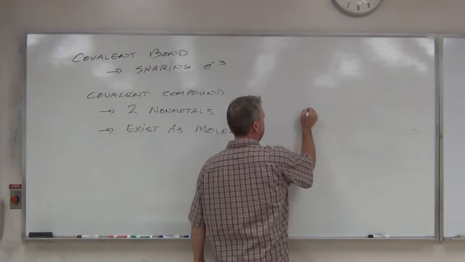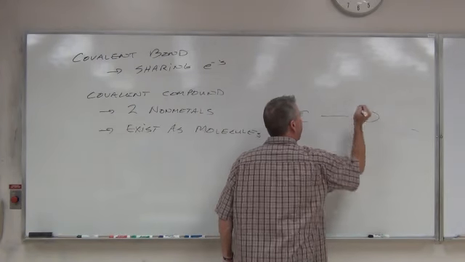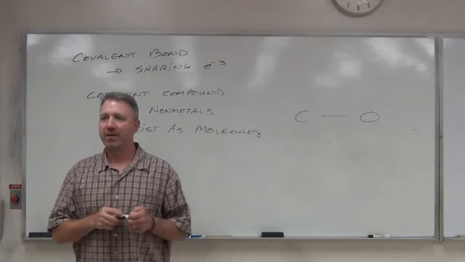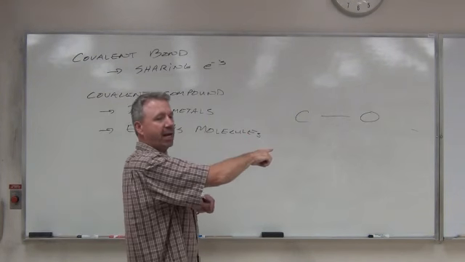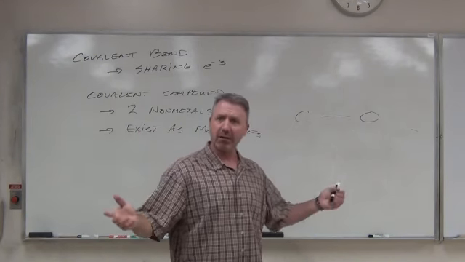Carbon and oxygen, for example. These are two nonmetals. They're located on the right side of the periodic table, and they're not the same nonmetal. They're different nonmetals.